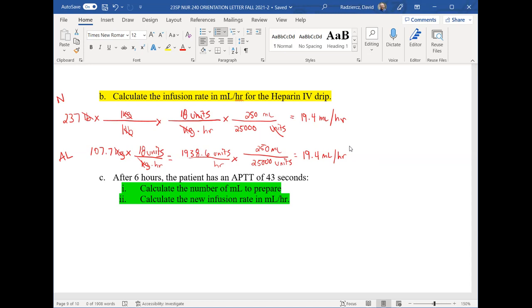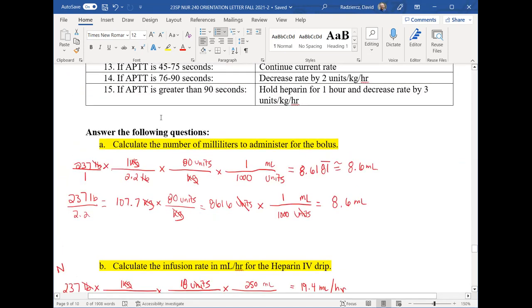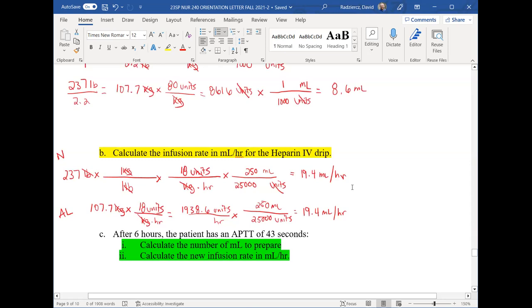All right. I should also add that for the Heparin protocol, like for Allegheny campus, in the practice test, there's 4 questions, right? So we just did 2. We did a bolus and then we did the infusion rate. So that's 2 variations.